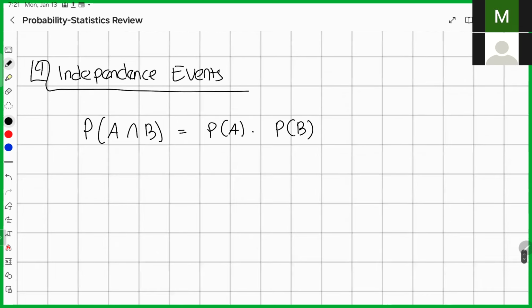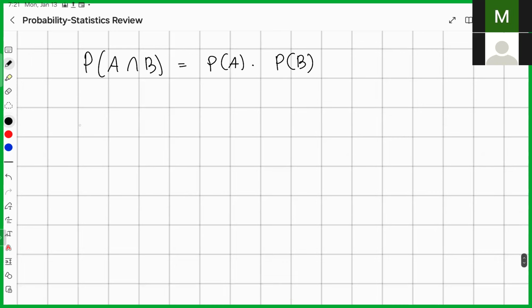Independent event means one event doesn't affect the result of the subsequent event. So the probability of this independent event is the multiplication of the probabilities of the events.